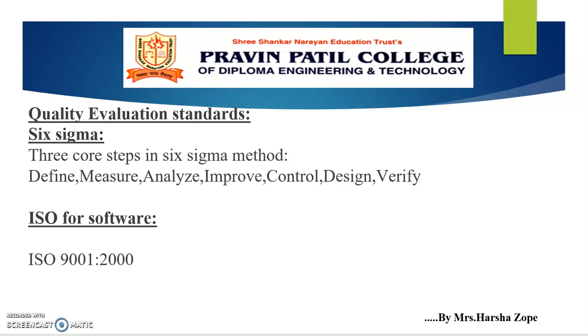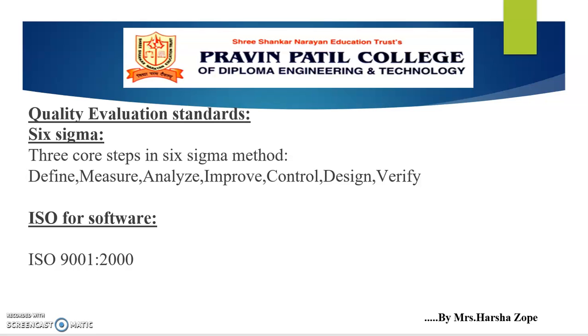Define: the customer requirement, project's goal, and deliverables are defined by communicating with the customer. Measure: the existing process and its output is measured in order to determine current quality performance.